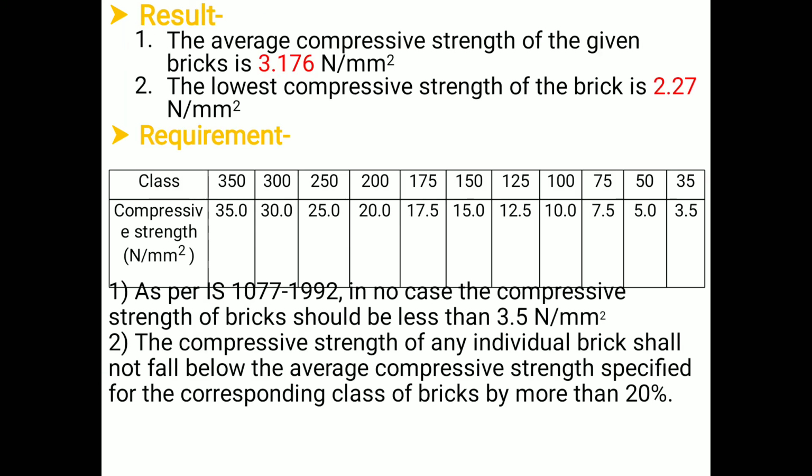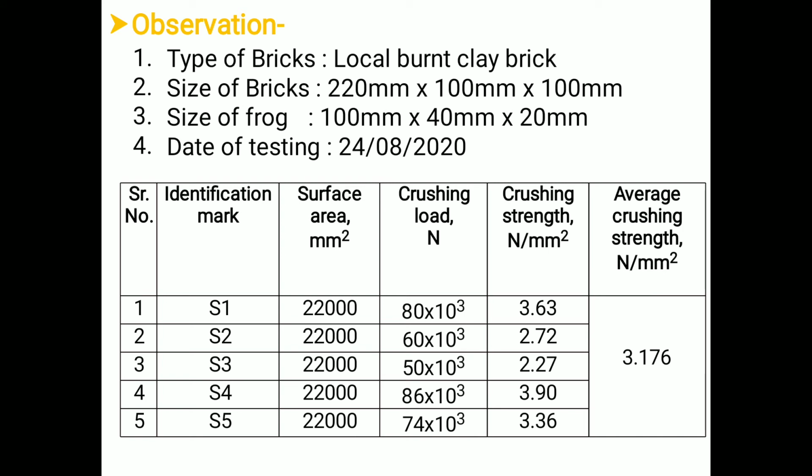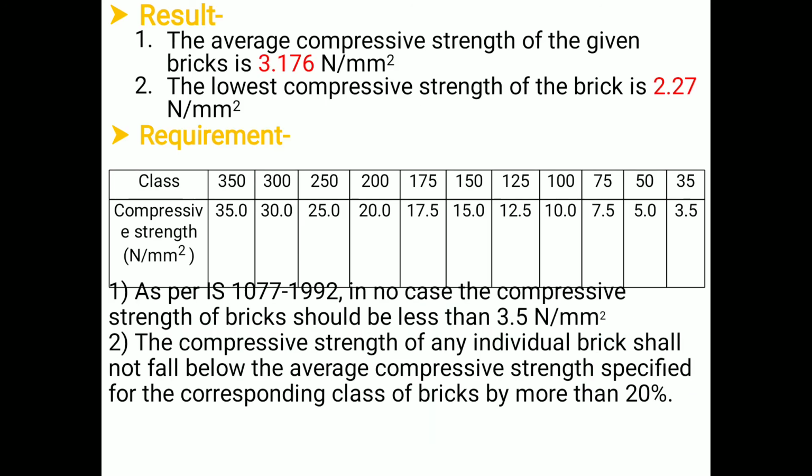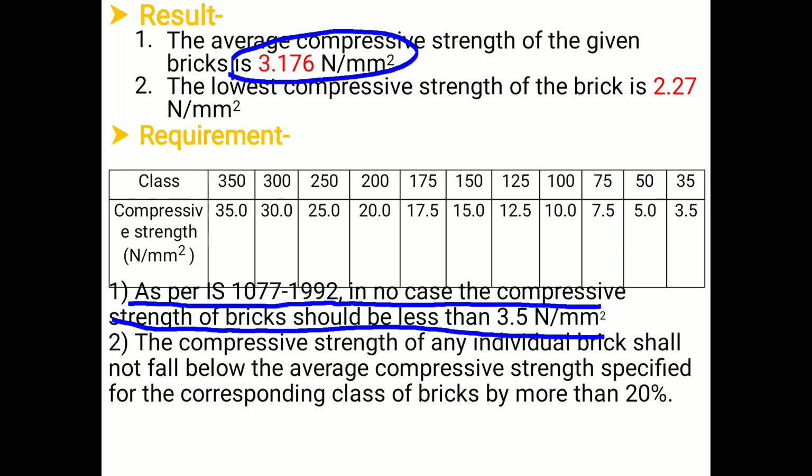From the given observation table, we have the average compressive strength 3.176, and the requirement as per IS 1077:1992 is that in no case should the compressive strength of the brick be less than 3.5 MPa, but we have the average compressive strength less than 3.5 MPa, that is 3.176.